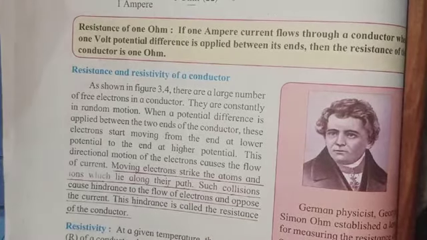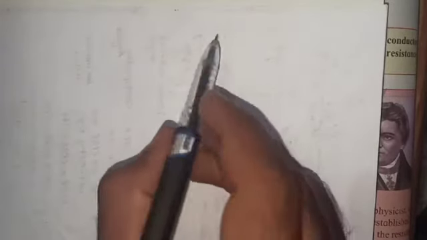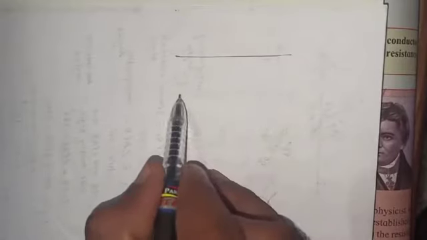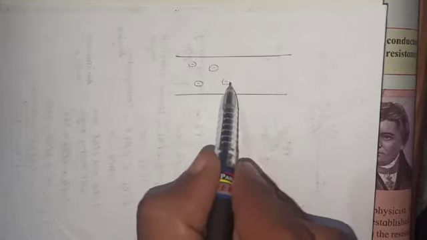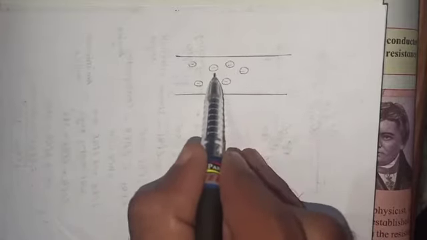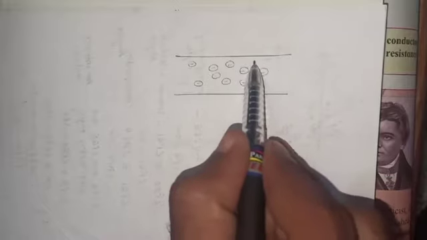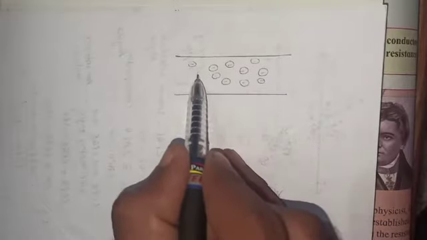So we have seen that suppose there is one wire. In this wire negative charges are present randomly and they move randomly in any direction.